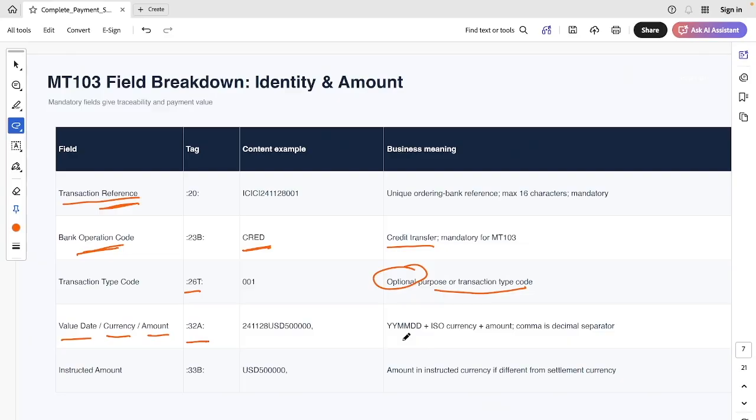It follows the YYMMDD format, the ISO currency format, and the amount with a comma as a decimal separator. Then we have field 33B. This is the instructed amount. It becomes useful when the instructed currency and settlement currency are different, especially in foreign exchange related situations.